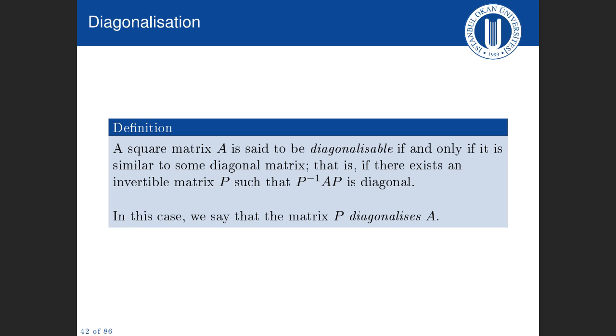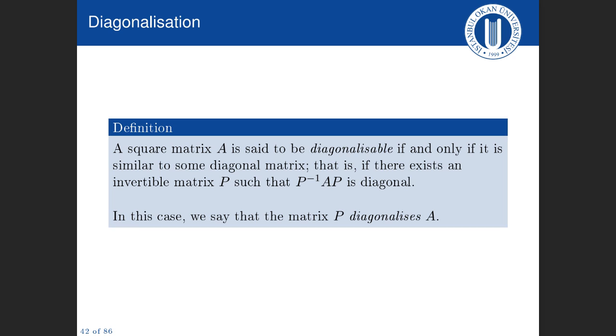Okay, let's move on to our second topic, the idea of diagonalization. A square matrix A is said to be diagonalizable if and only if it's similar to some diagonal matrix.